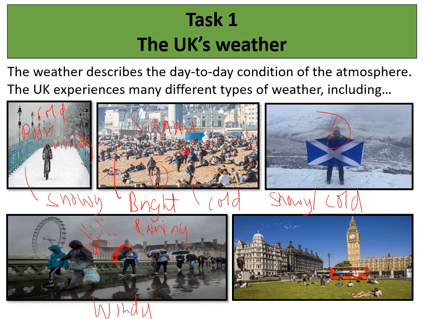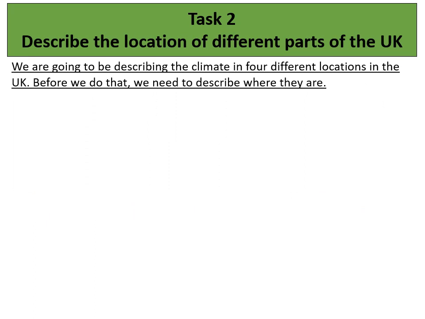And then in this final image here, this girl in the foreground has a dress on, which would suggest that it's quite sunny, it's quite warm, and the visibility is very good. It's not very cloudy at all because the sky is clear. So we use those images to describe how the weather is very different, and we're going to look at lots of different locations around the UK and decide how the weather is different and how the weather is similar.